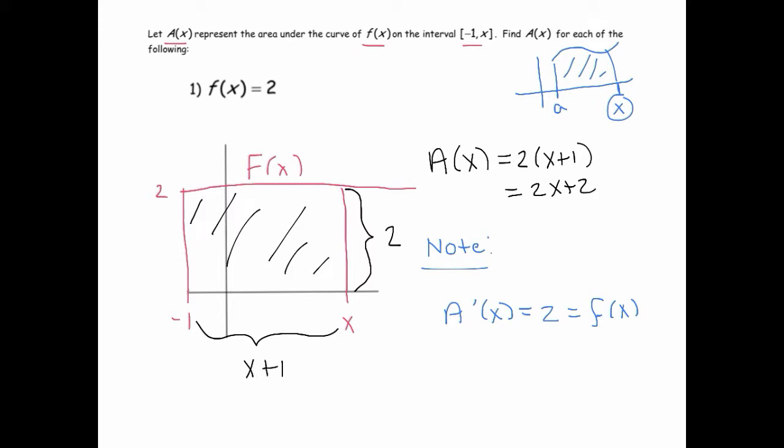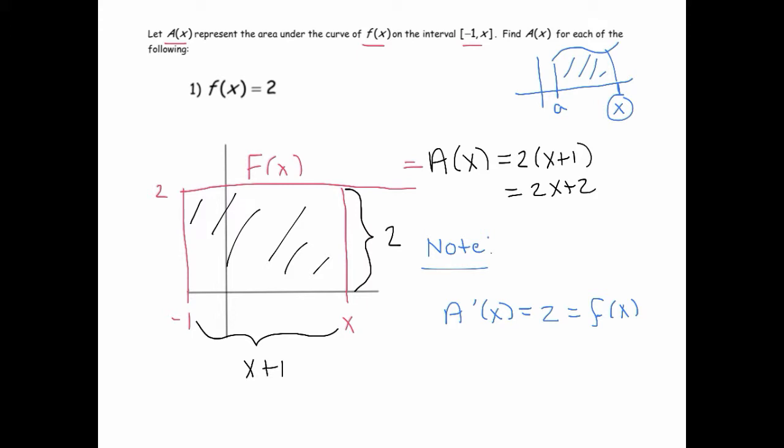And furthermore, if we change some notation here, because we've actually seen the definite integral, we might as well use that notation since we know that it means net area under a curve. A of x is really just an integral, but the upper limit of integration is a variable.